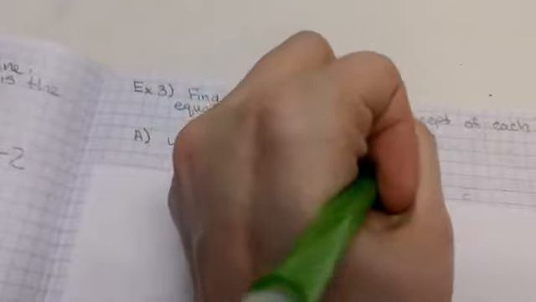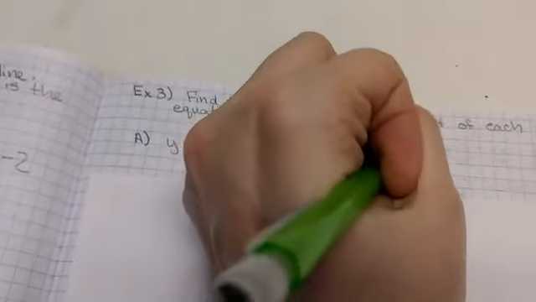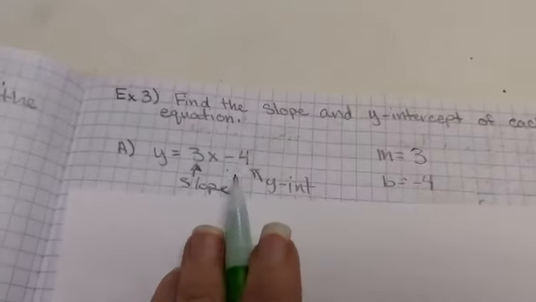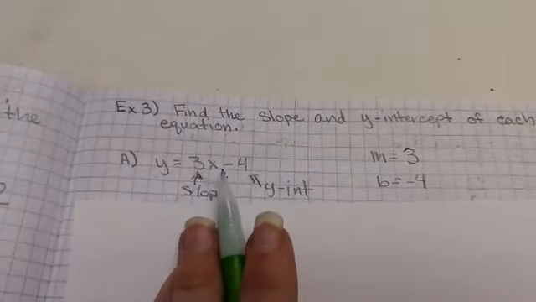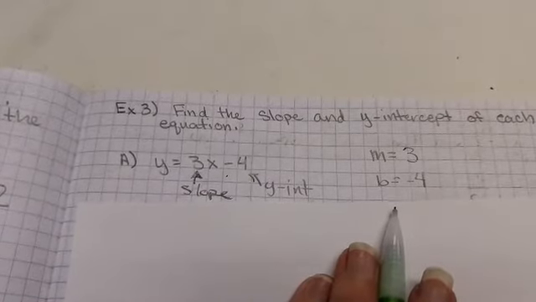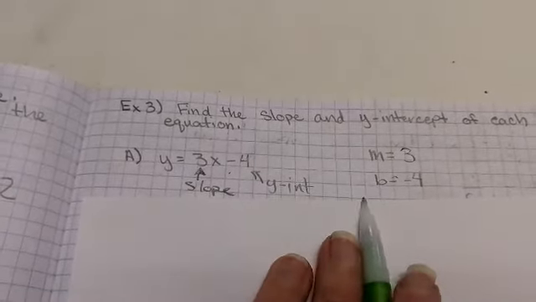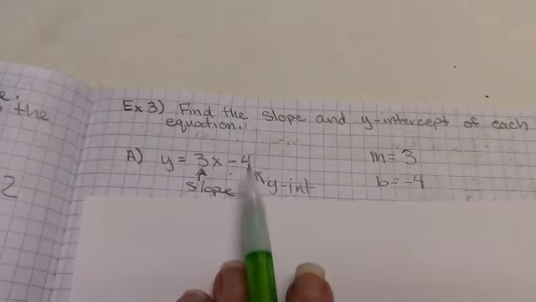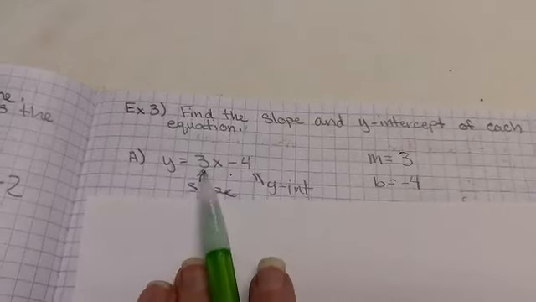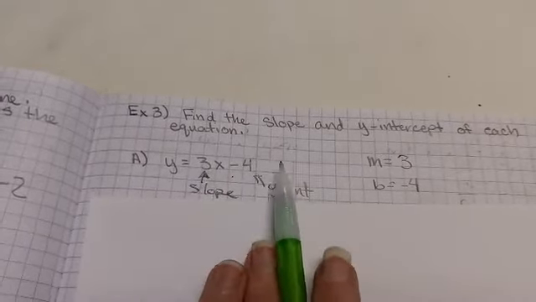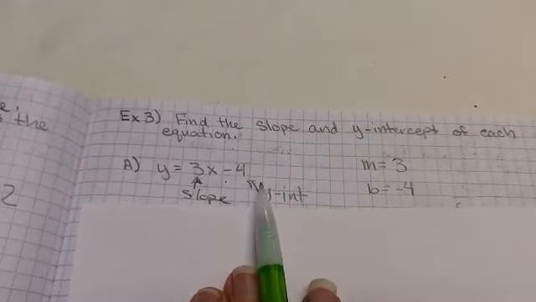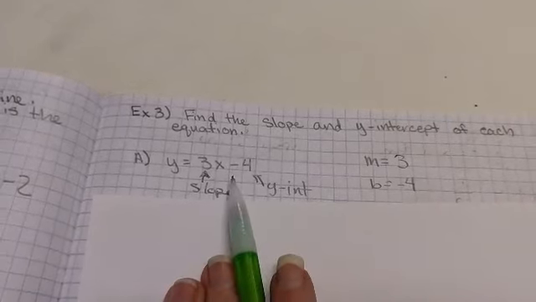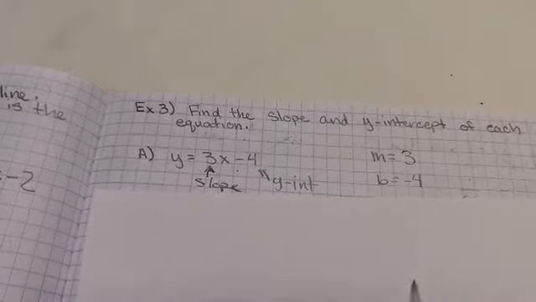So m is equal to 3 and b is equal to -4, and I have to bring that negative that's in front of the 4 with it when I write my y-intercept. Pretty easy for this because you just pull it out. Slope is your first number, y-intercept is your second number. Slope is always attached to x because x is our independent variable, and so it's always going to be changing.